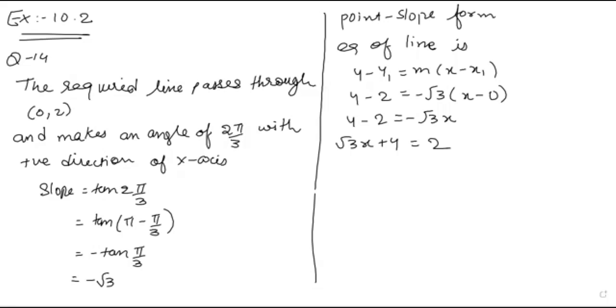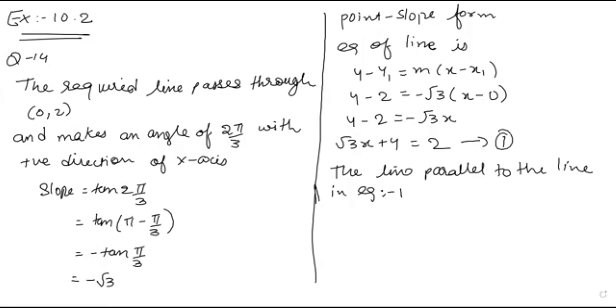Now you have learned that the parallel lines will have x coefficient and y coefficient same. So the line parallel to the line in equation 1, this is my equation 1, will be root 3 x plus y is equal to k.